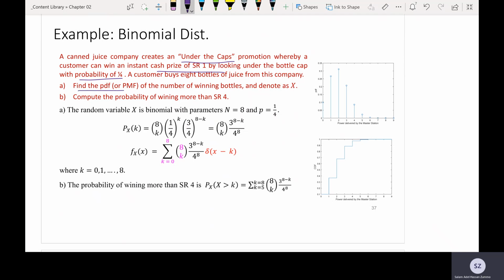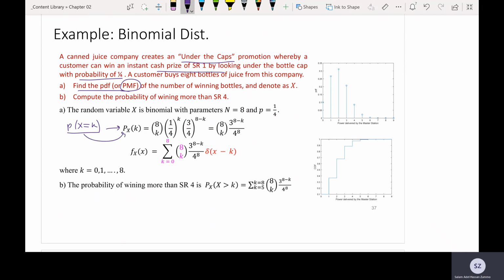Find the PDF, or we call it a PMF, for the number of winning bottles denoted as x. So what is it? Probability that x equals k, using short notation here, is p_X of k.